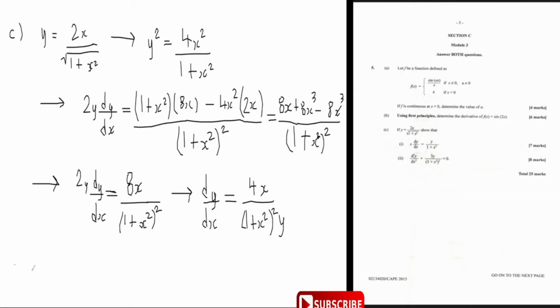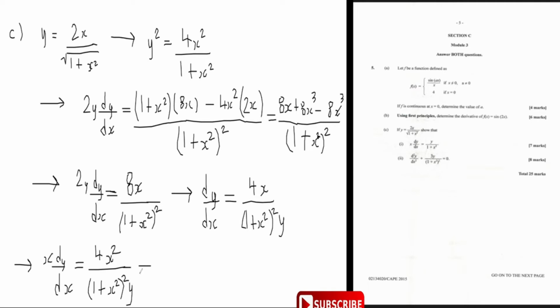What that is giving us then is x dy by dx is going to be equal to 4x squared over 1 plus x squared all squared, times y.